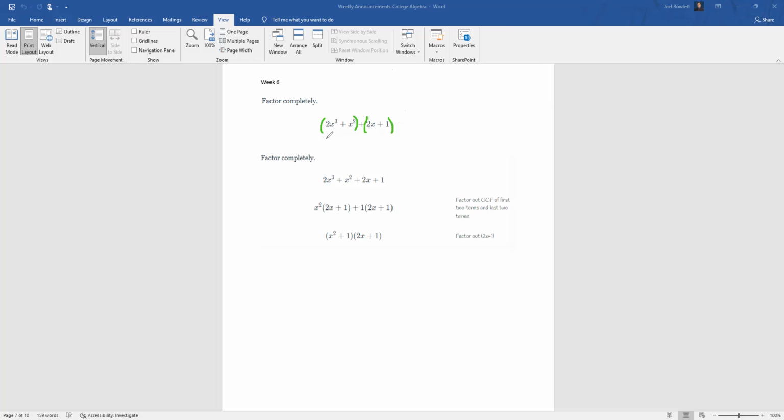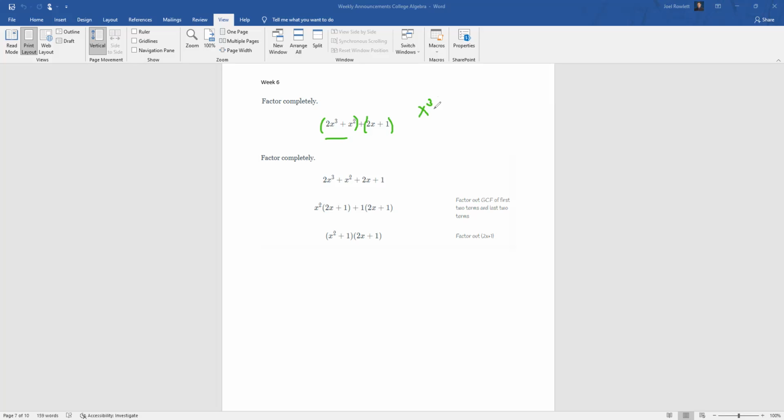So when I look at this first group here, the 2x cubed plus x squared, the question is, what is the GCF for these first 2 terms? Well, notice that I can take out an x squared because x cubed does have an x squared built into it.